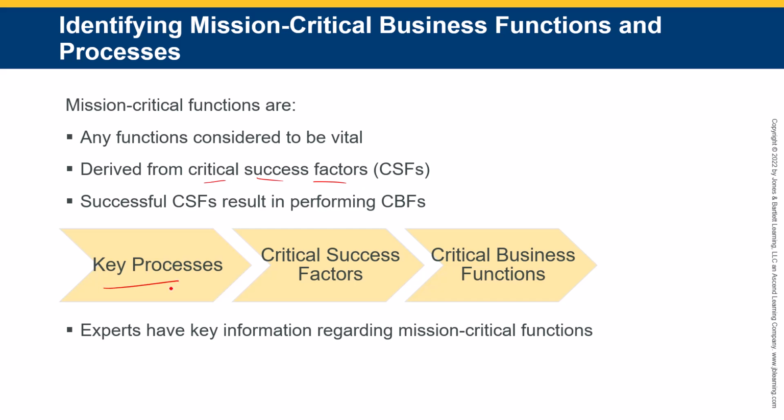So, key processes, critical factors, success factors, critical business factors, CSF, CBF, KP. Typically, experts will have the information regarding mission critical functions, but sometimes you actually have to analyze the business to figure out what they are.